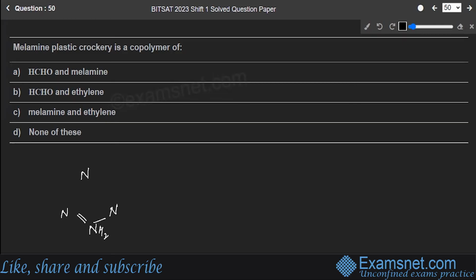Here is N, and a double bond here with NH2. And then you have a double bond and this moves with NH2 again and a single bond over here. This is your melamine. Now when this combines with the formaldehyde HCHO, this gives you melamine resin in the form N.